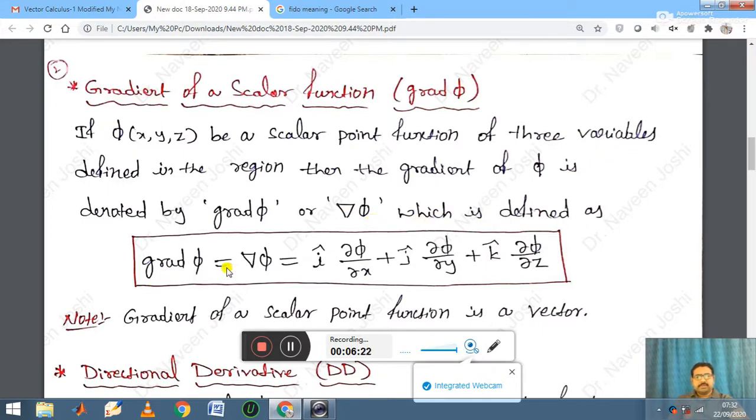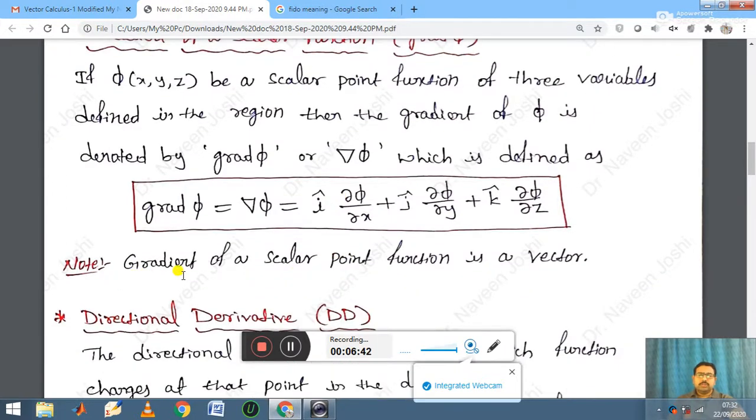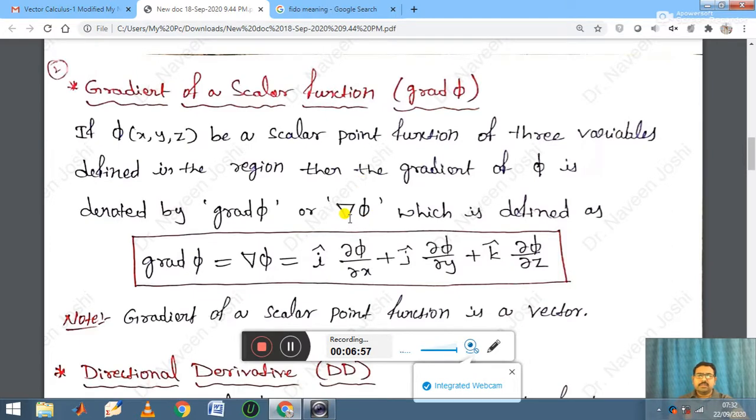It is defined as del phi equals i into dou phi by dou x plus j into dou phi by dou y plus k into dou phi by dou z; you are multiplying the function phi with the del operator. Note that the gradient of a scalar function is a vector: the multiplication of the del operator and the scalar point function phi always gives a vector point function.